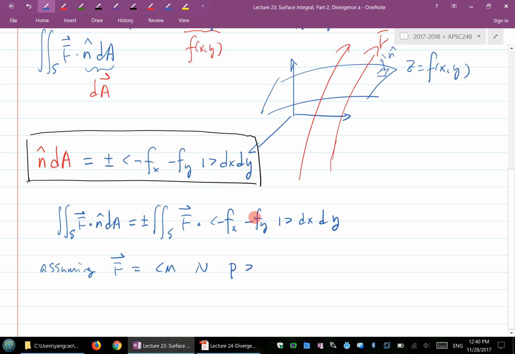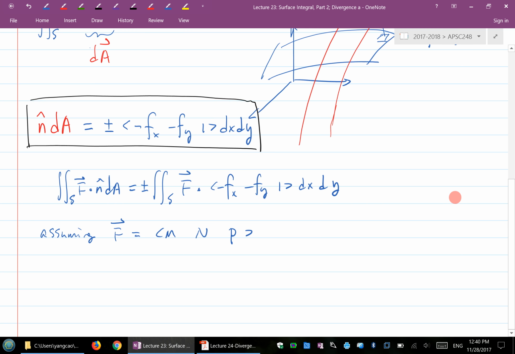All right. Now let's examine this a little more. Looking at this surface integral, the bottom line is, how do we evaluate it?